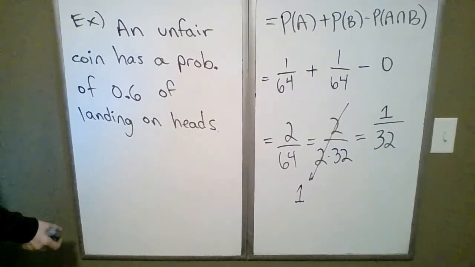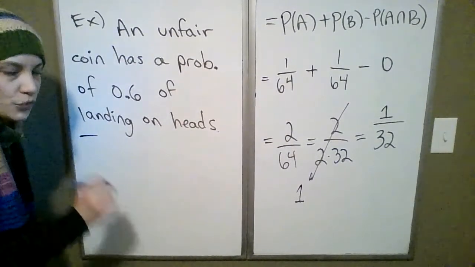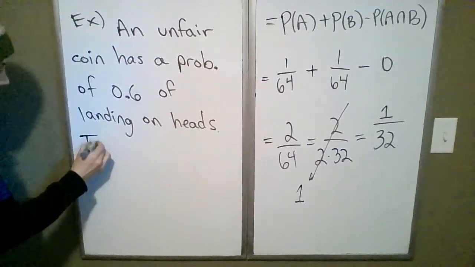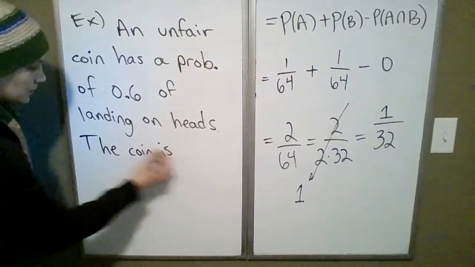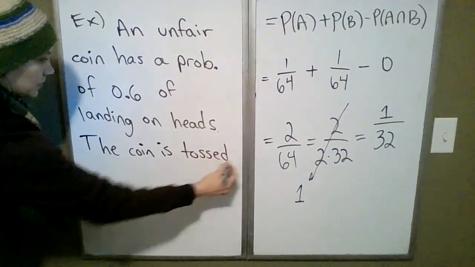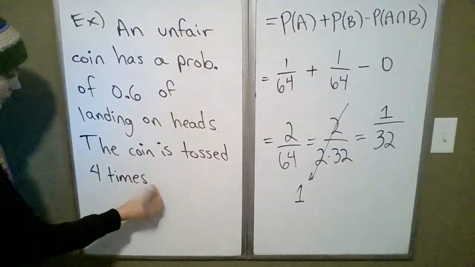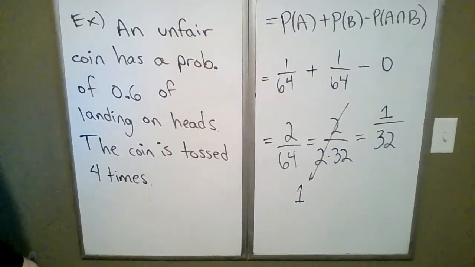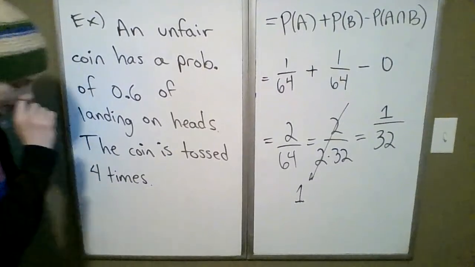All right, we're going to toss this coin 4 times. Okay. What is the probability of all tails?